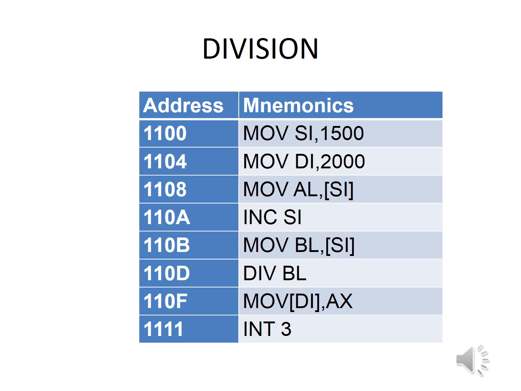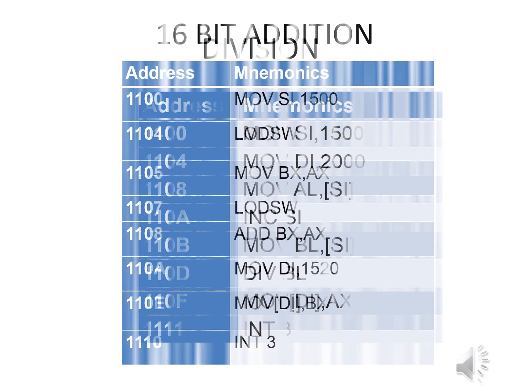Now the divisor is transferred to the BL register. So the instruction div BL is used to divide the dividend by the divisor. The result will be stored in the accumulator and that accumulator result content is transferred to the destination index. That's why we do the division program using 8086.